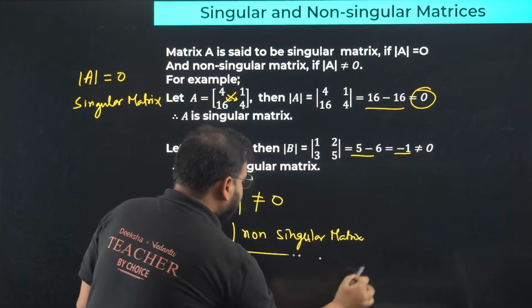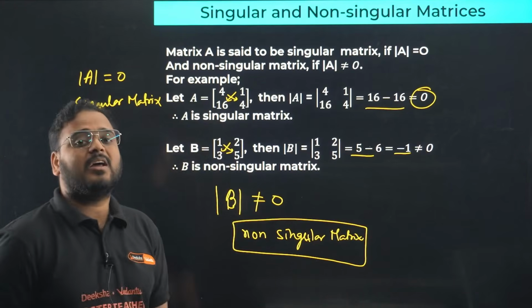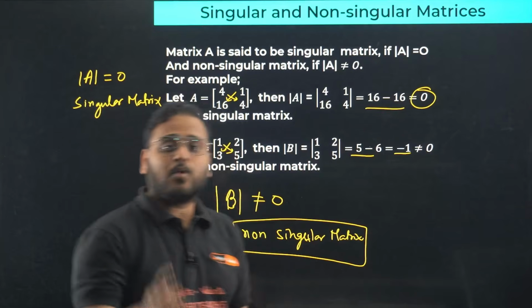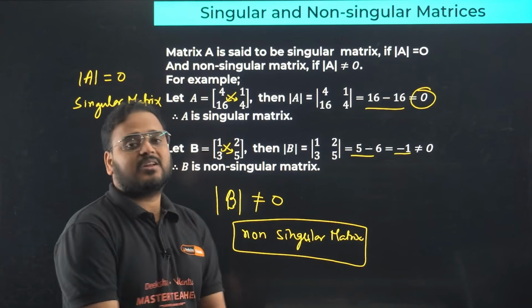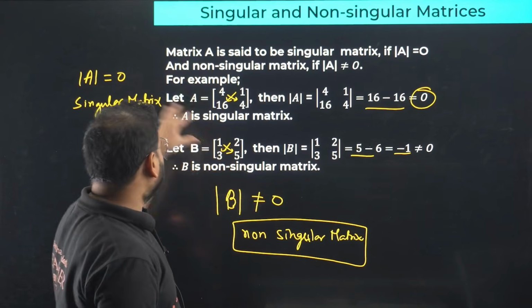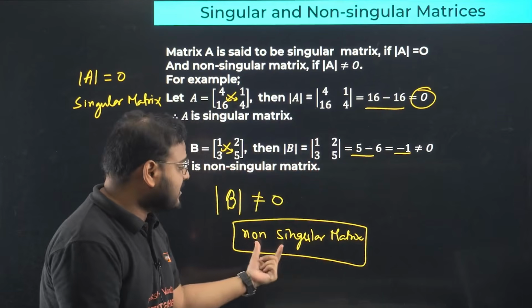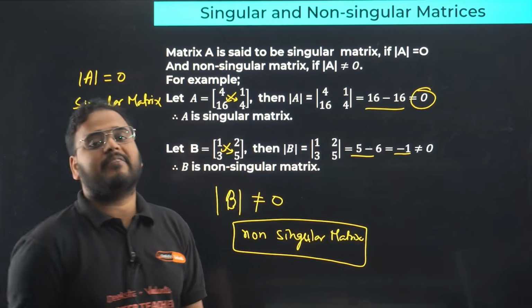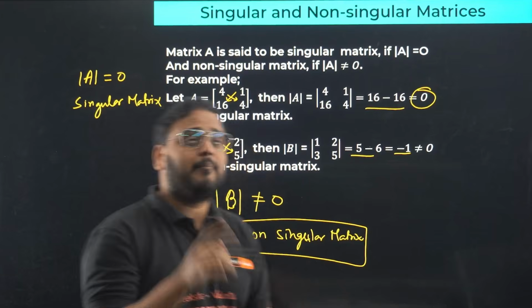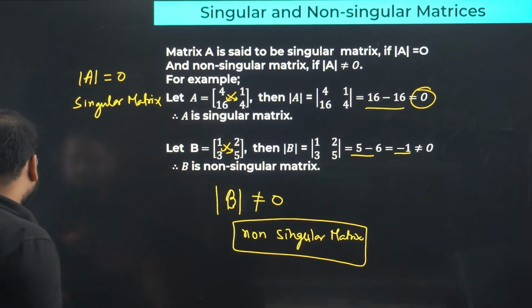And the inverse of a matrix is defined only for the non-singular kind. If the matrix is singular, we cannot find the inverse for it. But if it is non-singular, then only can we go ahead and find the inverse of that particular matrix. So this is clear.